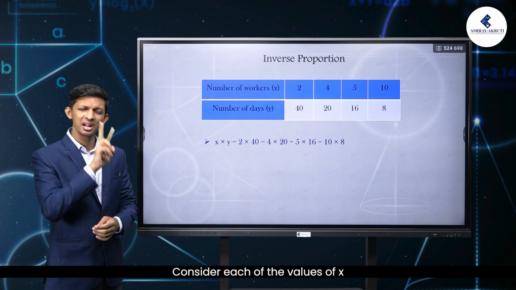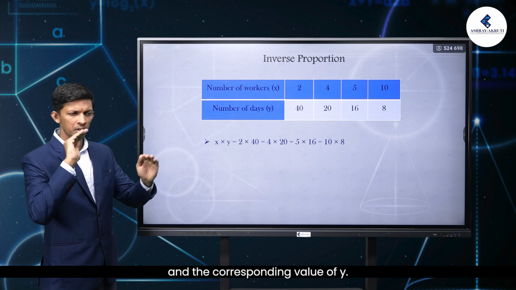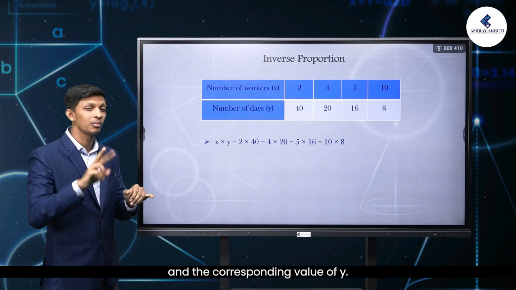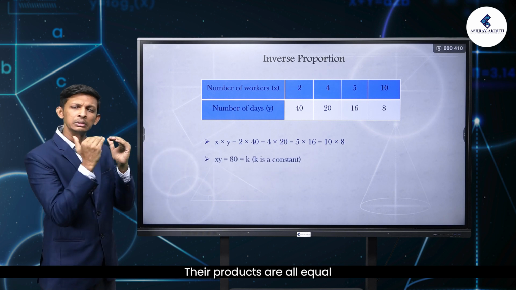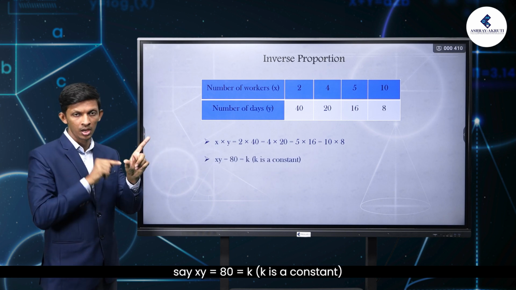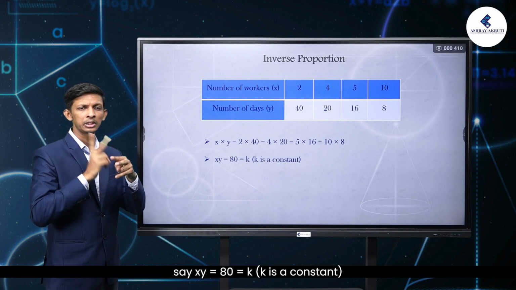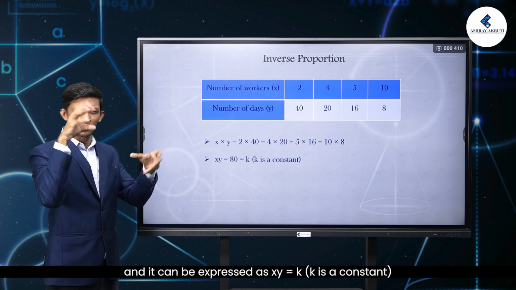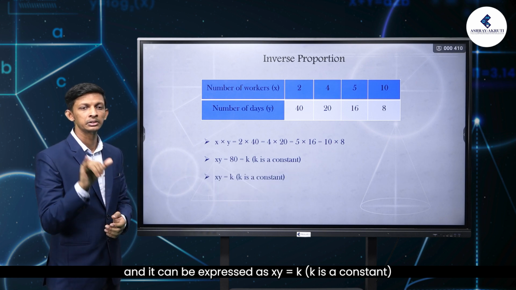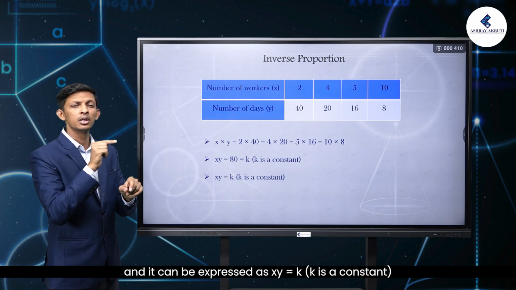Consider each of the values of x and the corresponding value of y. Their products are all equal, say xy is equal to 80 is equal to k. K is a constant and it can be expressed as xy is equal to k, k is a constant.